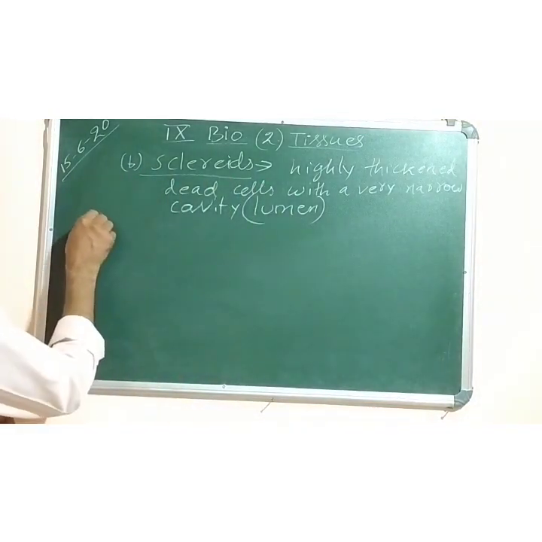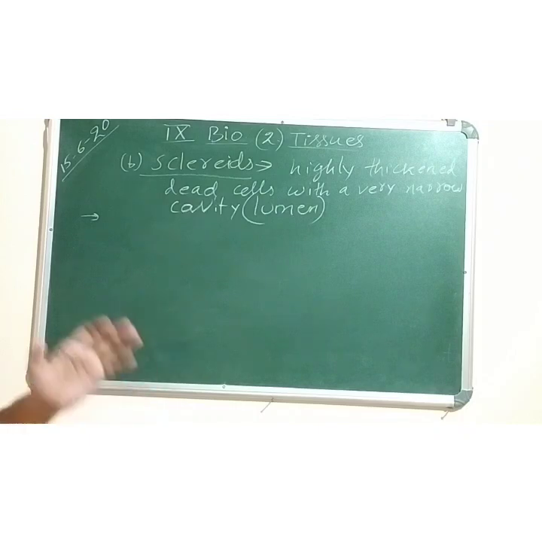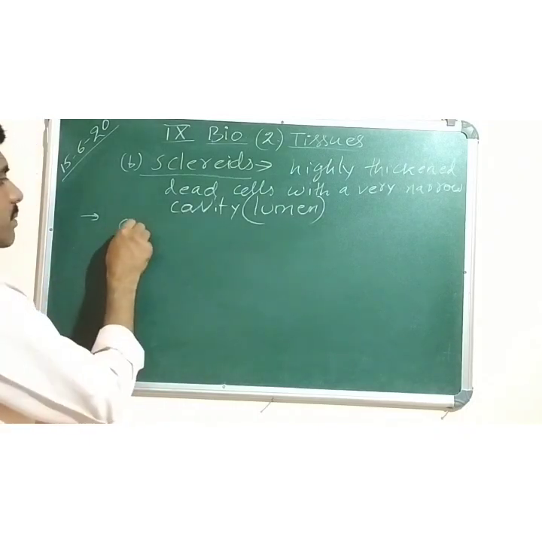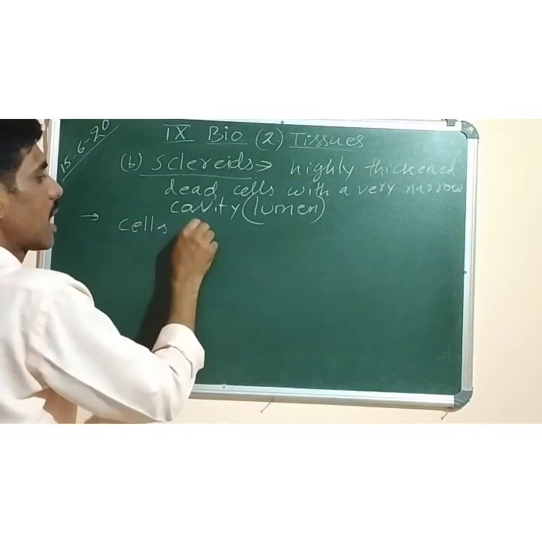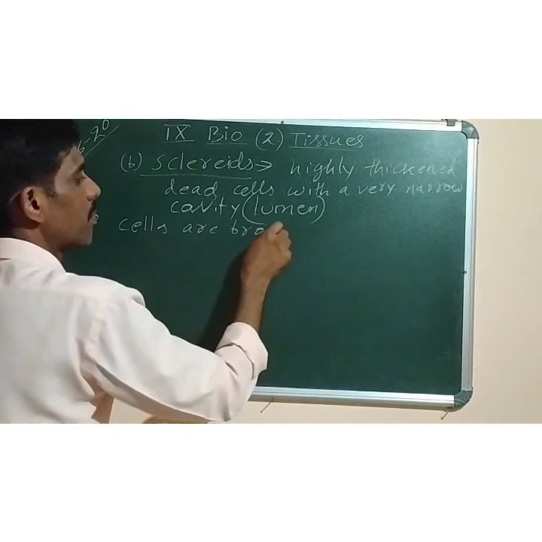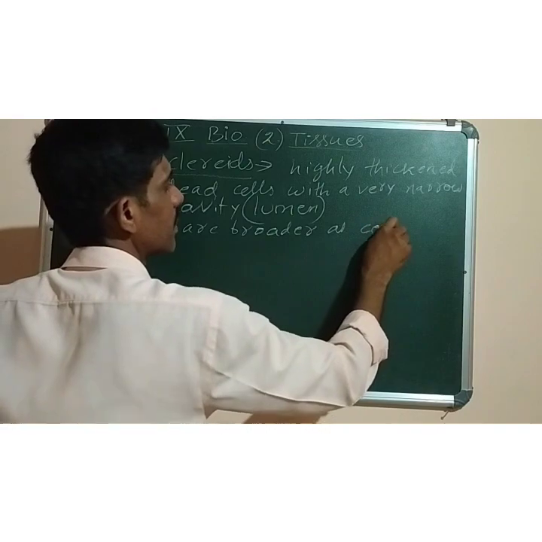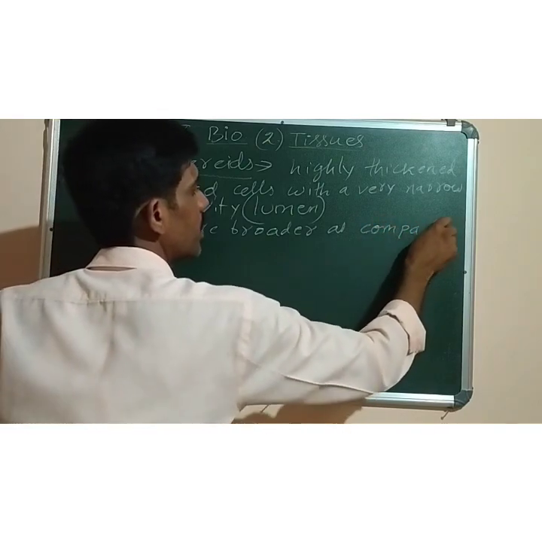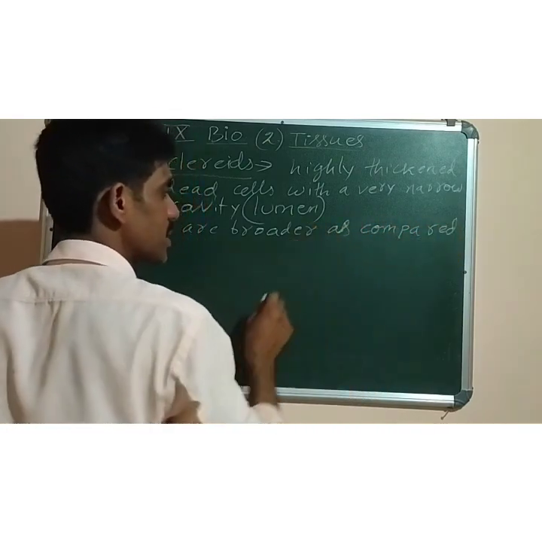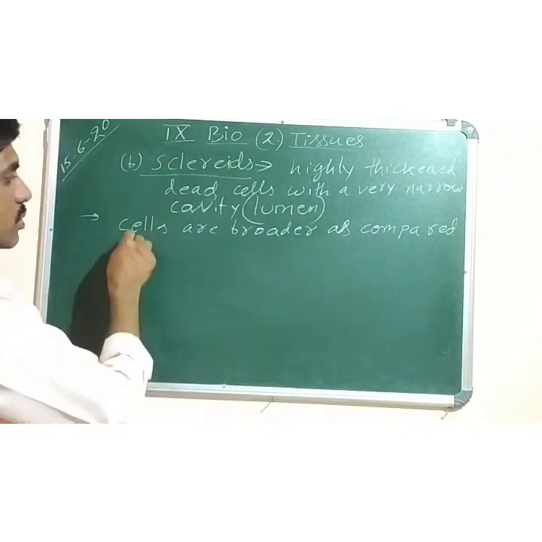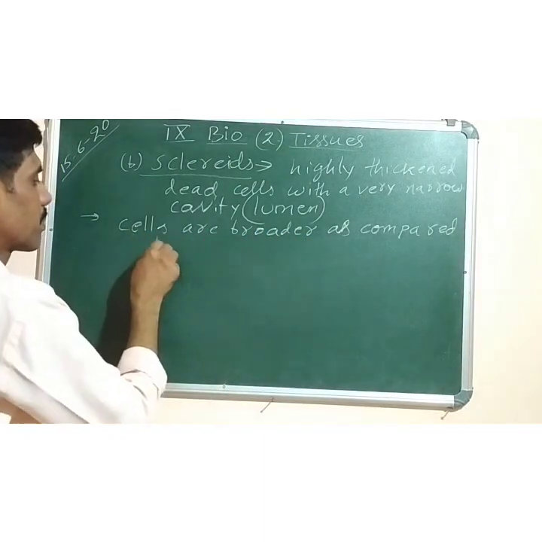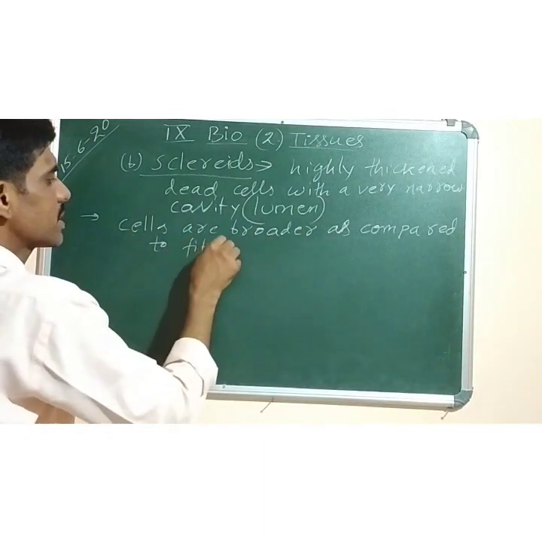Now the cells of sclerites are broader than fibers. When we compare with the fiber cells, they are much broader or thicker.